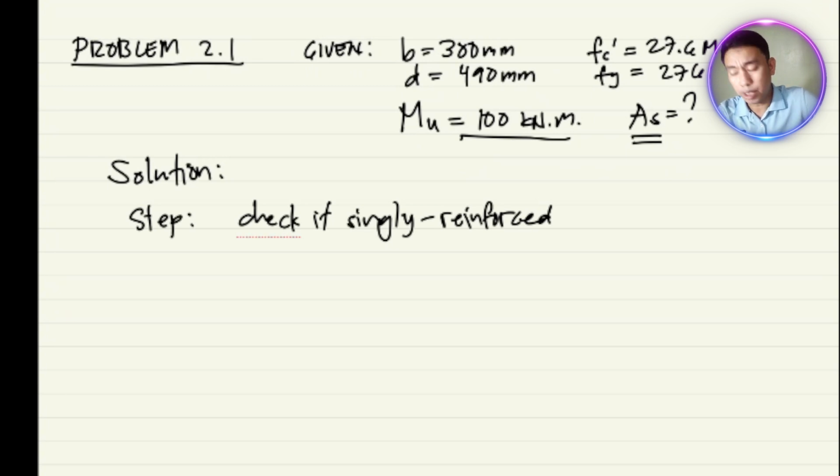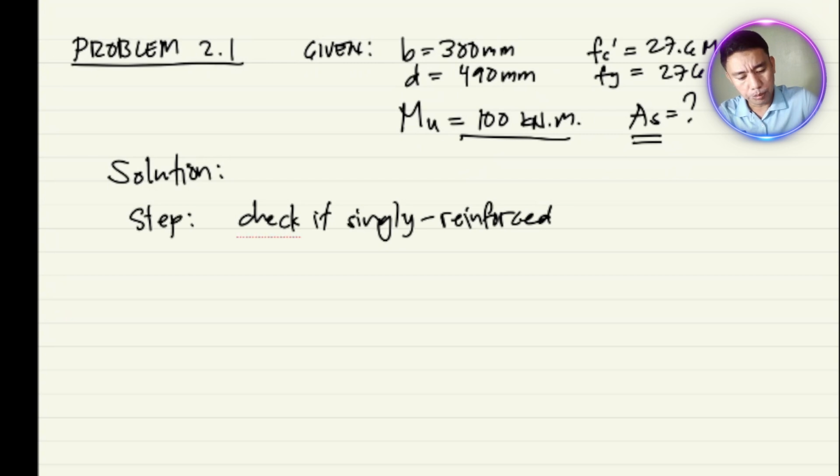But here, let's check the given if it is for singly reinforced. Actually, we can jump directly, but for the sake of explaining the concept, I need to show this to you.